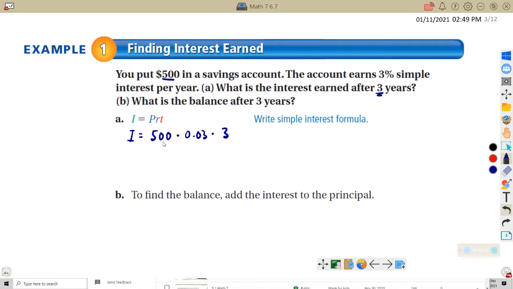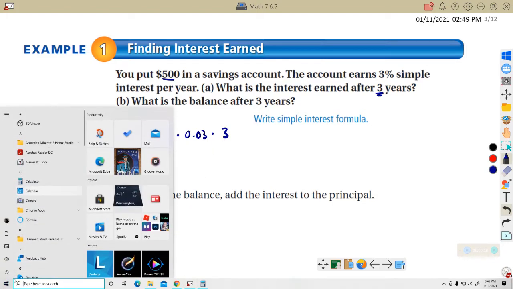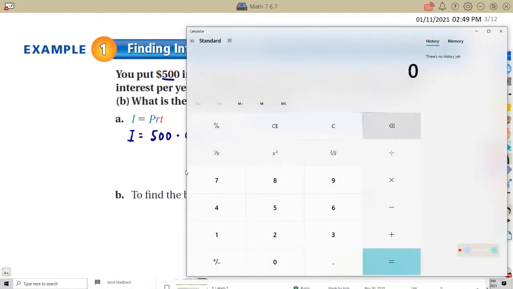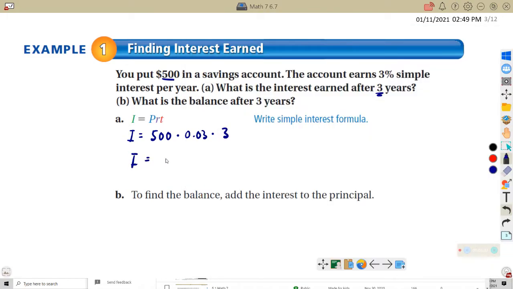Okay, $500, 3%, 3 years. Let's put that into the calculator: 500 times 0.03 times 3. $45. So $45.